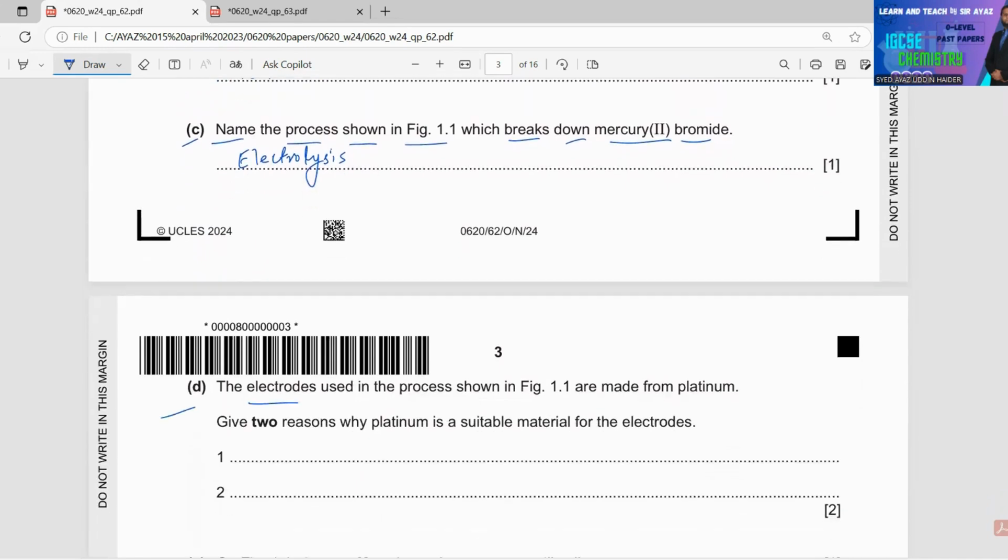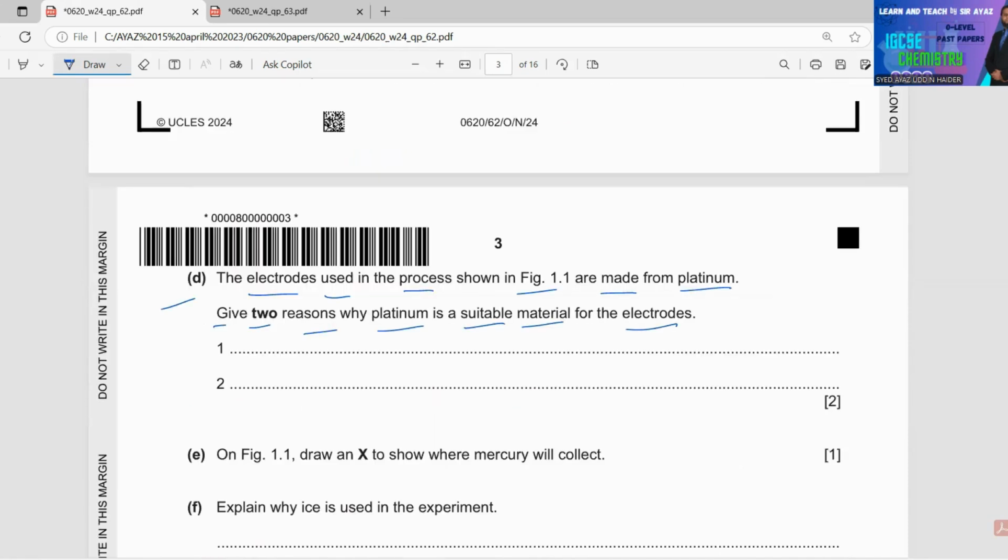D. The electrodes used in the process shown in figure 1.1 are made from platinum. Give 2 reasons why platinum is a suitable material for the electrodes. It must have free electrons, or you can say conduct electricity. It must not react or have inert behavior. And the melting point should be higher.